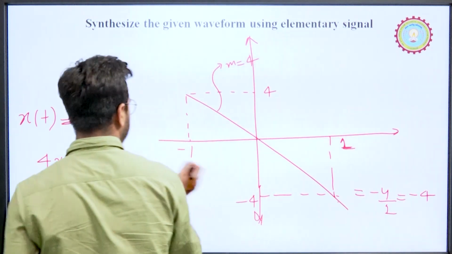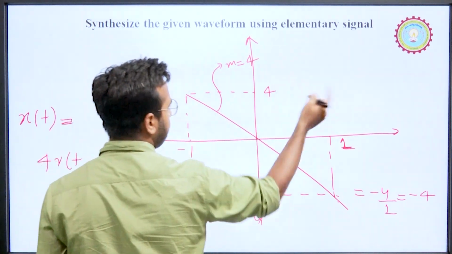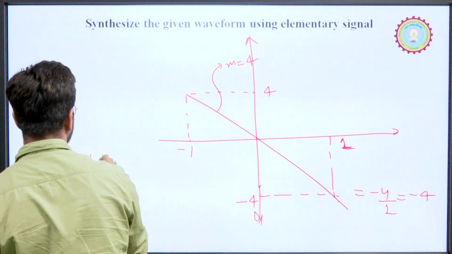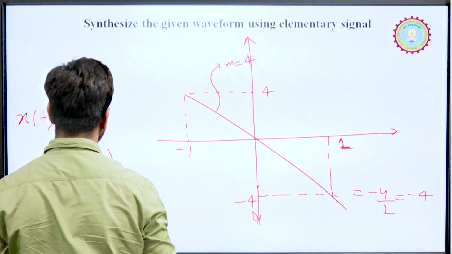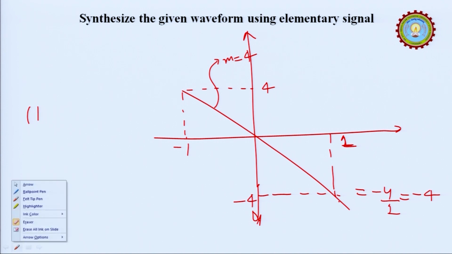See, if we shift the signal towards the left, then we add time. If we shift the signal to the right, we subtract time. So we have shifted to the left, so we will write 4 r(t plus 1). Then how will we write this? Okay, let us first solve this.